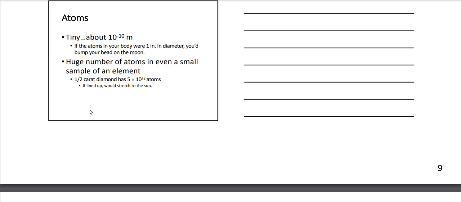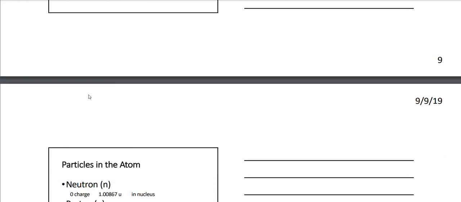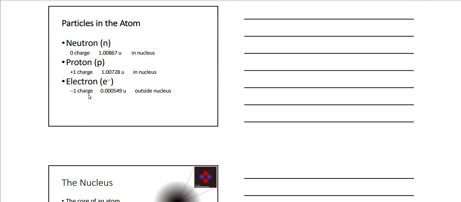There is a huge number of atoms in even a very small sample of an element. A half-carat diamond has 5 times 10 to the power 21 atoms. If you lined all these atoms up next to each other, they would stretch all the way to the sun. So you can imagine how small and tiny the atom is and how close they are to each other.